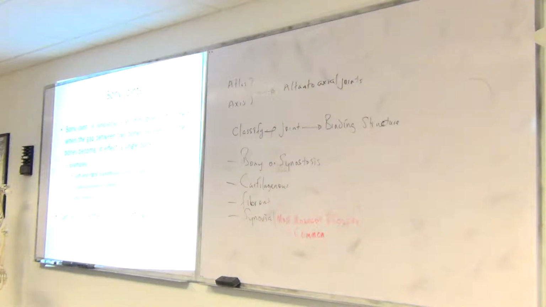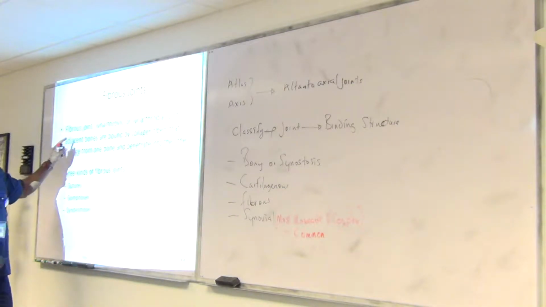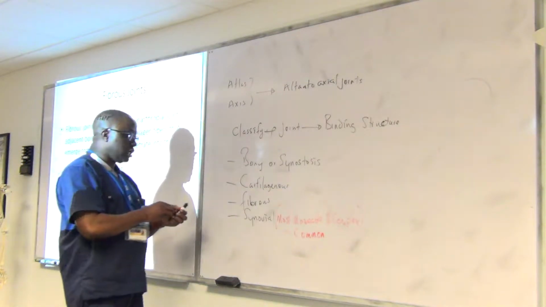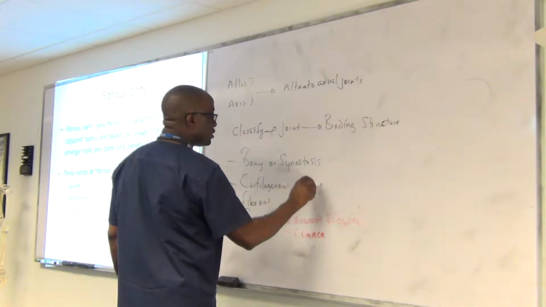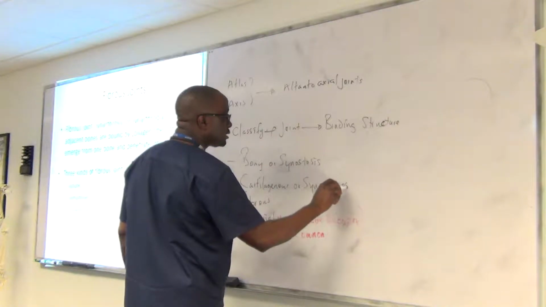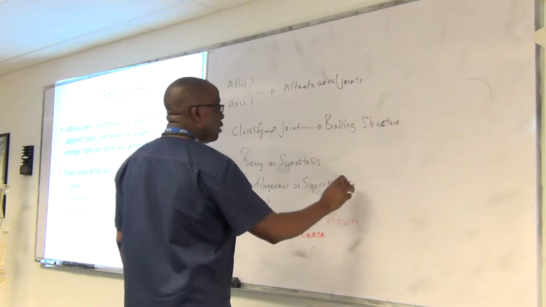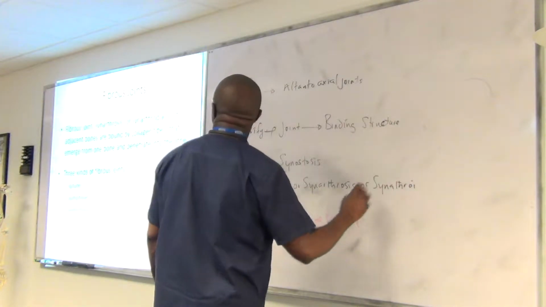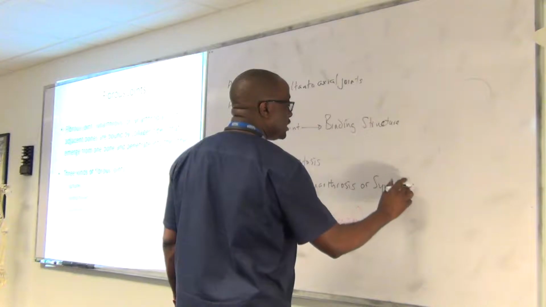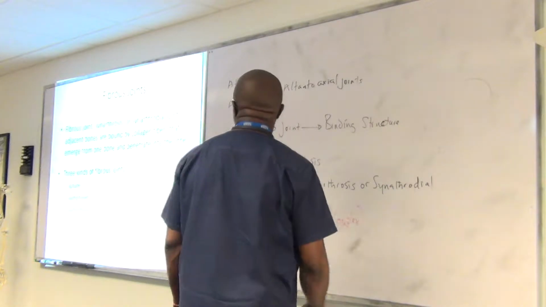So the thing about the bony joint is, the fibrous and cartilaginous joints can get hardened and become bony. Very important. All right, the fibrous joint, we also call it synarthrosis, or synarthrodial joints.